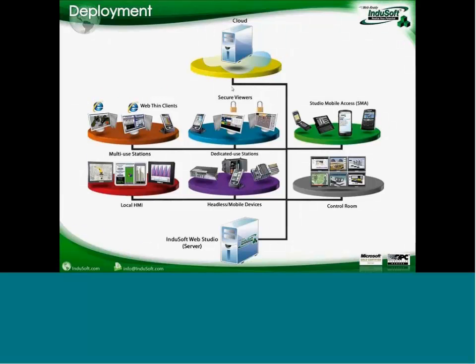You could have one station on the line to monitor the whole line. You could have one station at the plant consolidating information from all the lines for the entire plant. And a final server on the cloud, on a public or virtual cloud, consolidating information from all the plants.